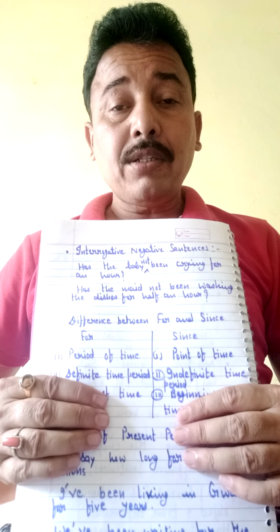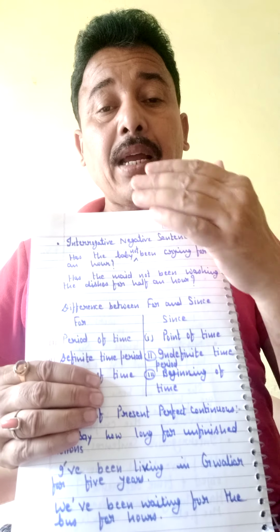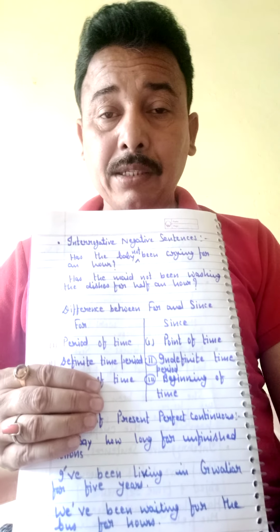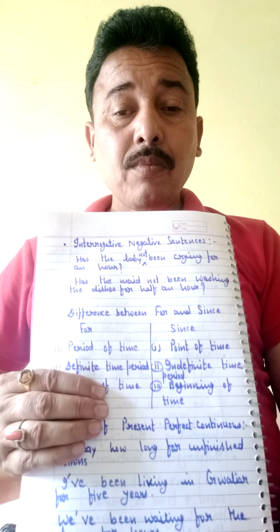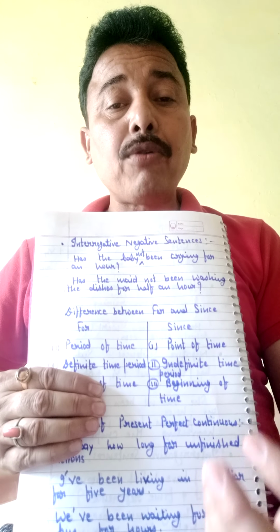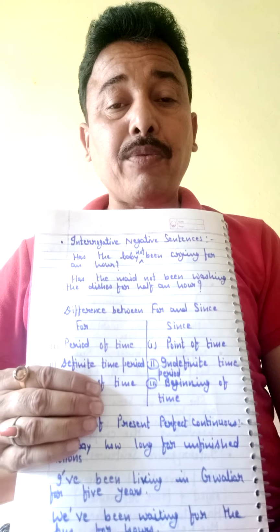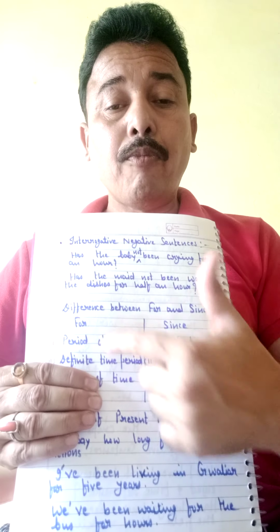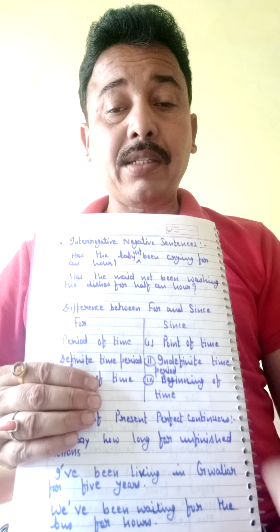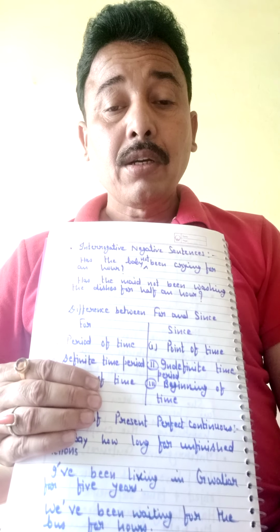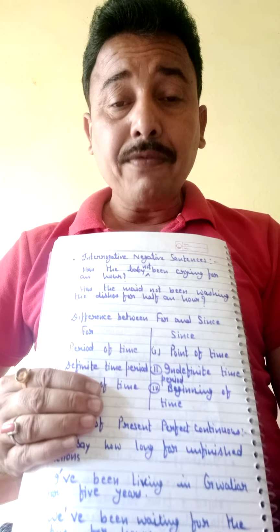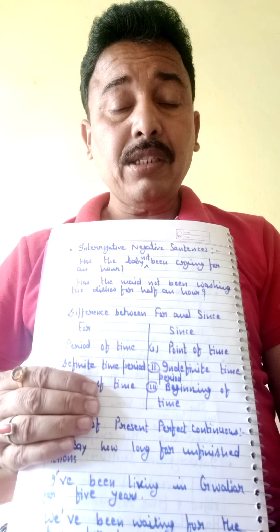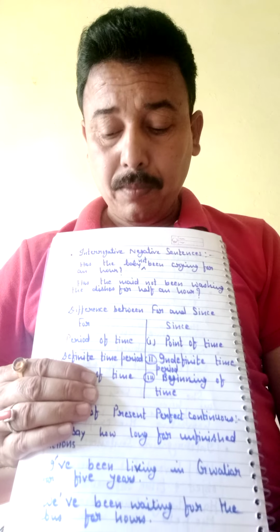Now as you got it, the since and for time references we have used in lots of sentences. Now it's time to understand the differences and distinguish between for and since. Here I made a block, for and since. For is a period of time, and since is a point of time.